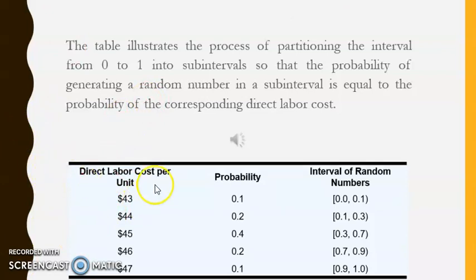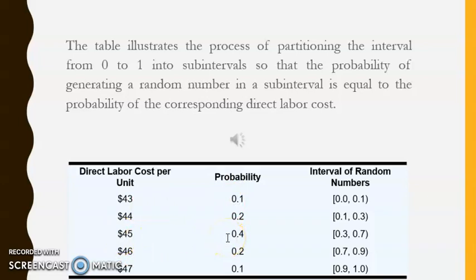But here we have 5 values, 43, 44, and so on, and here are the probabilities. As you can see, the probability of the direct labor cost becoming 43 is 10%. But the probability of 45 is 40%.